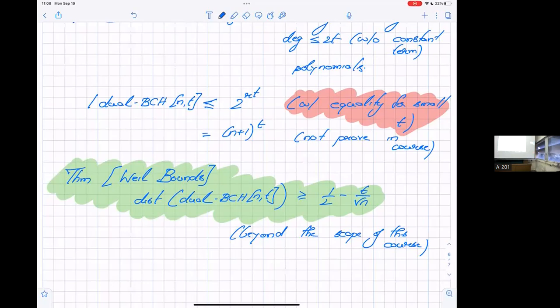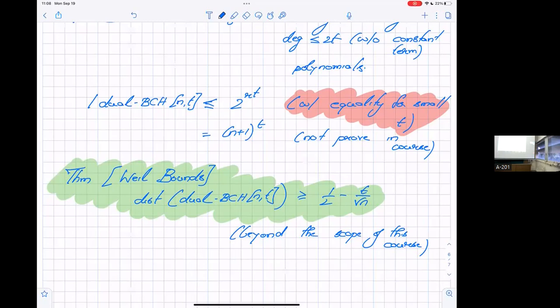So GB will tell you, if you recall, what did GB tell you? GB will tell you that there exists a code C with R being omega epsilon square.